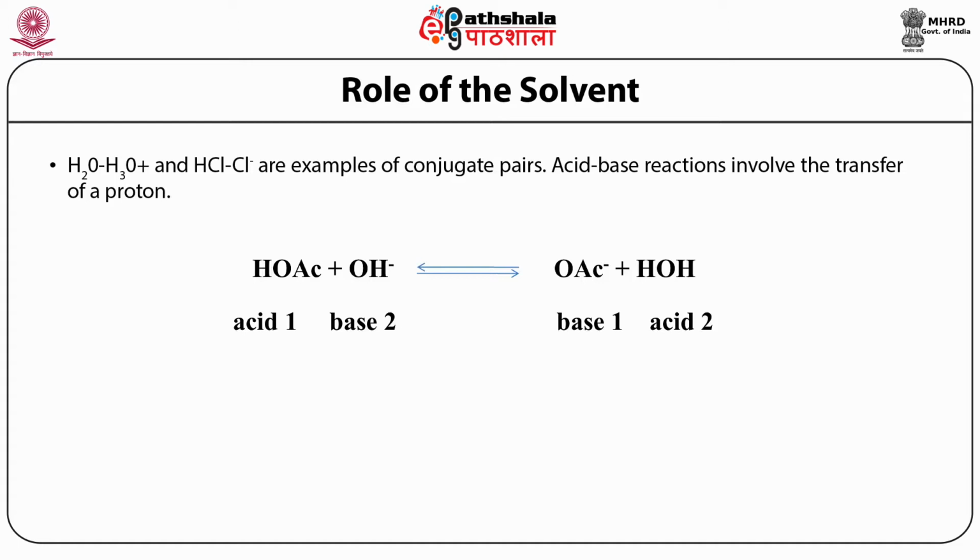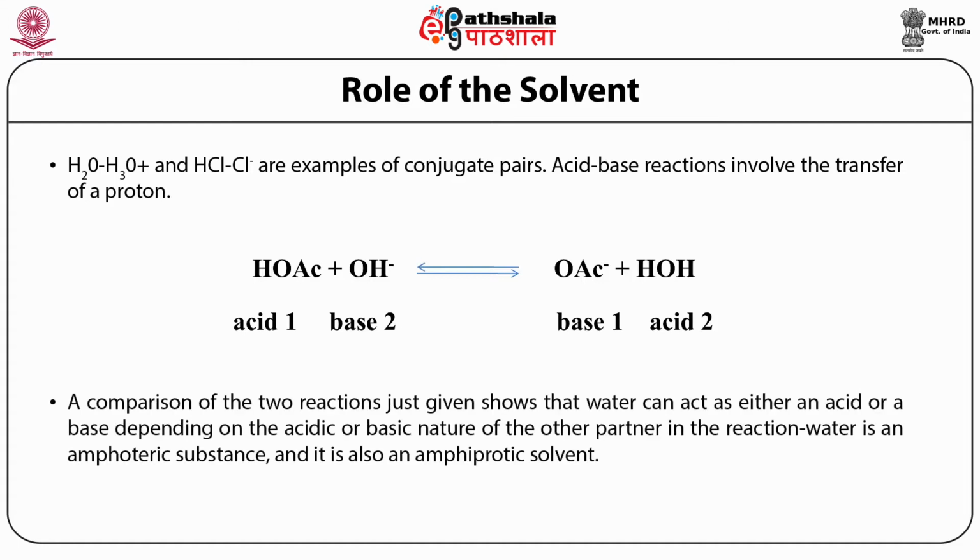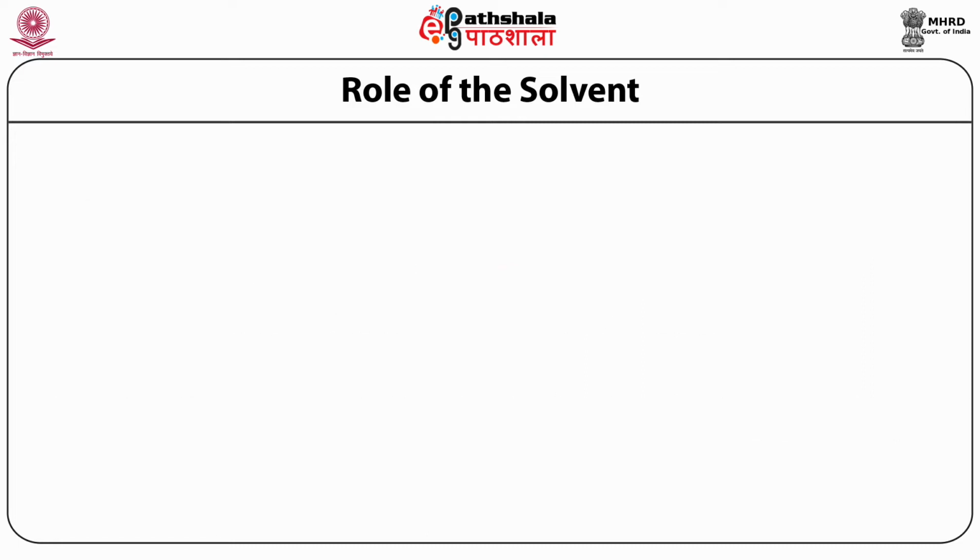A comparison of the two reactions just given shows that water can act as either an acid or a base depending on the acidic or basic nature of the other partner in the reaction. Water is an amphoteric substance and it is also an amphiprotic solvent.